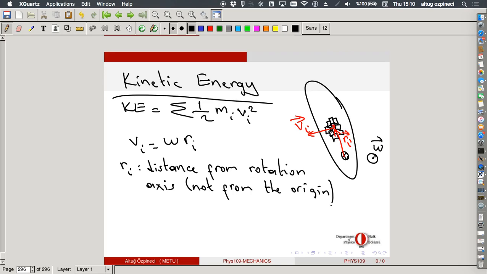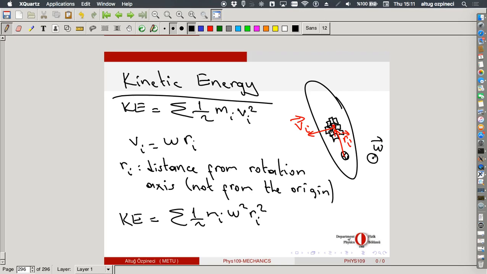Now if we put this back in, we see that the kinetic energy is in fact the sum of 1/2 m_i omega squared times r_i squared. Now omega for all the points on my rigid body is the same. It's the angular velocity of the object as a whole. It's not different for this point or that point.